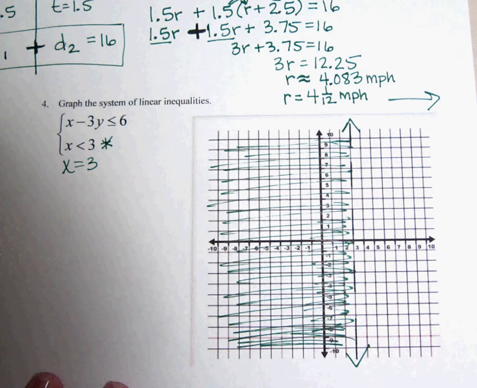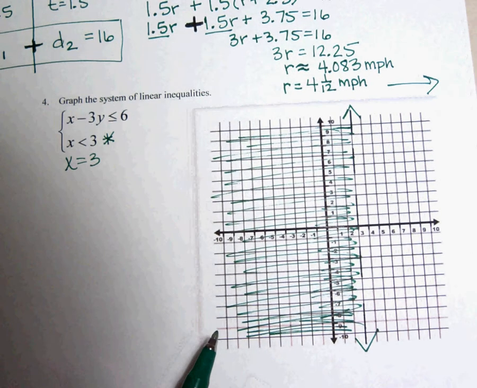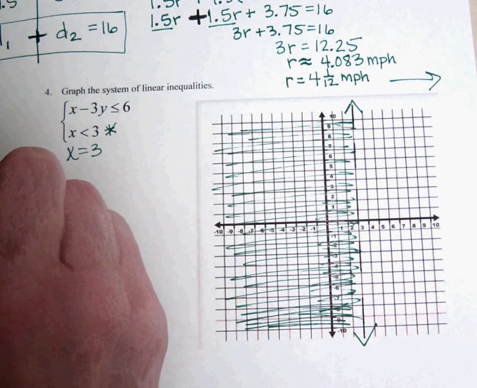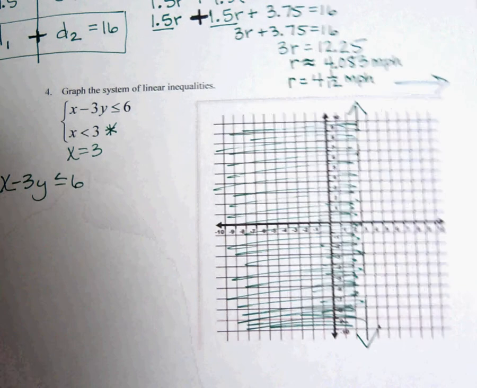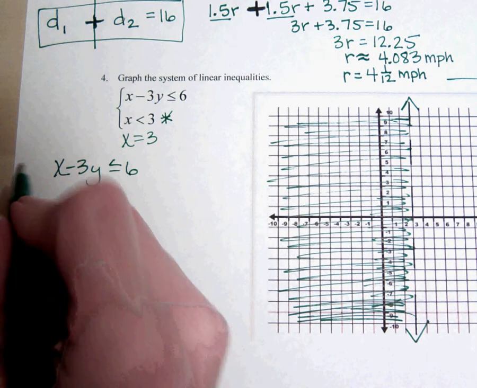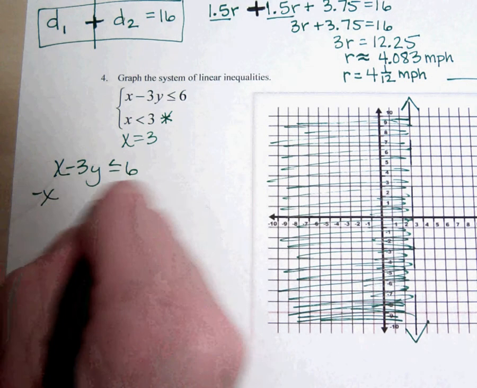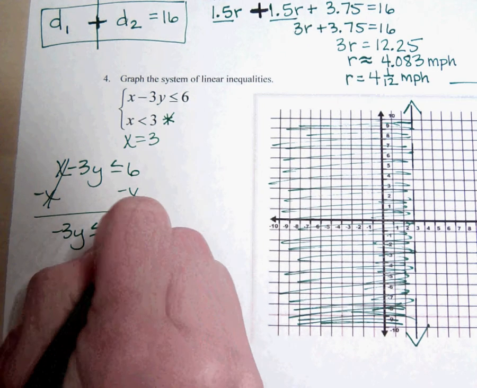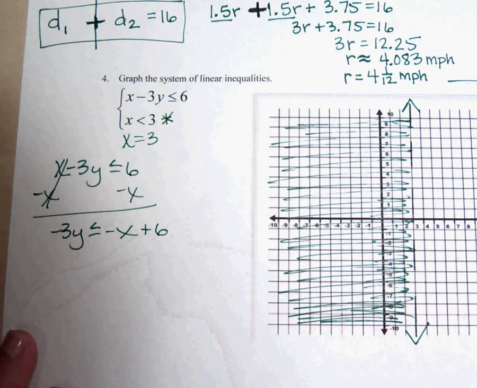Alright, now let's look at this other equation, or I'm sorry, this other inequality. So we have x minus 3y is less than or equal to 6. Let's subtract x from both sides. So that gives us negative 3y is less than or equal to negative x plus 6.